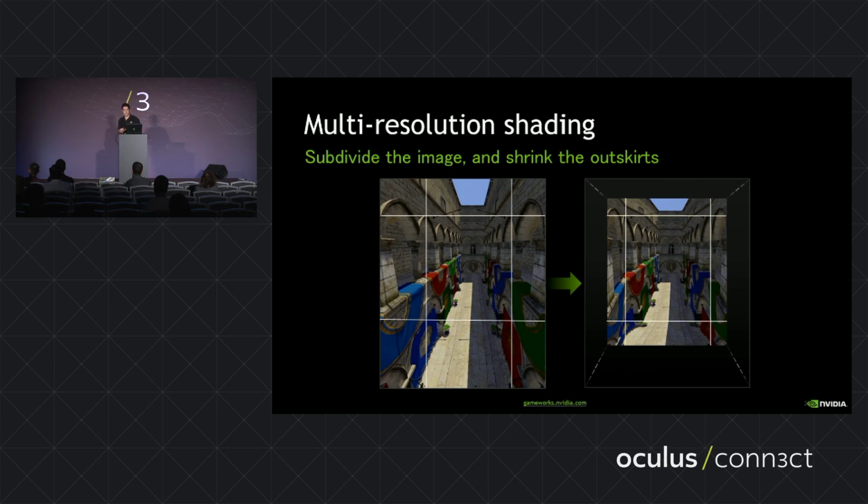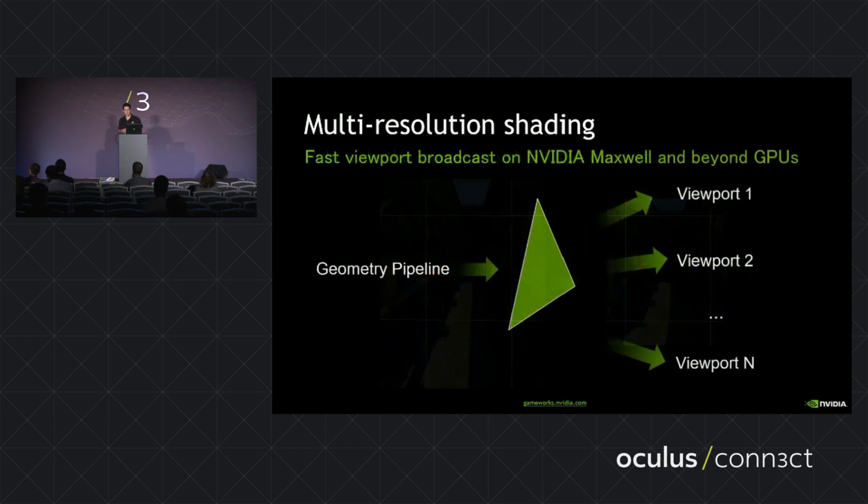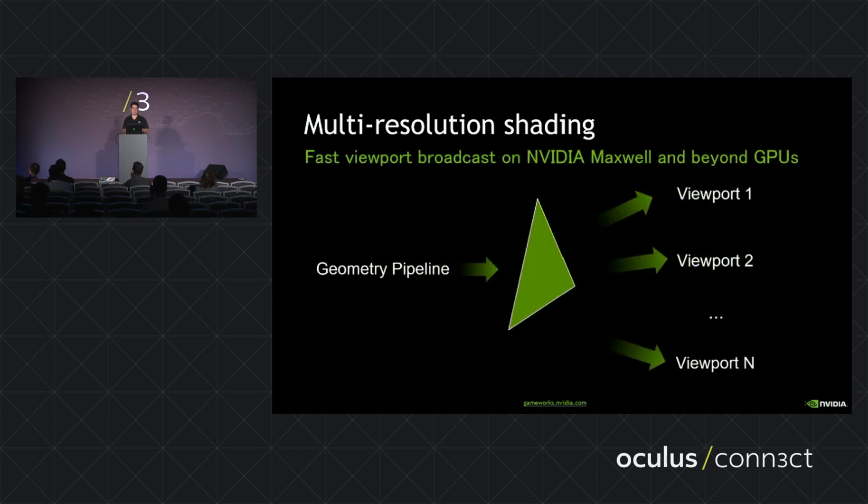So what we did starting in the Maxwell generation is that we added support in the hardware for special casing the functionality needed for this feature. What we have now is fast viewport broadcast, where if you have a special kind of geometry shader that does nothing more, or very little more, than taking in an input triangle and routing it to a viewport, it's not doing any complicated generation of new geometry.